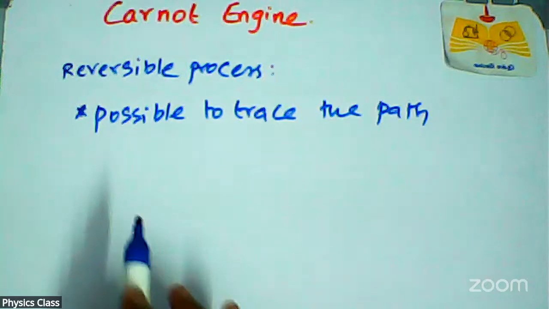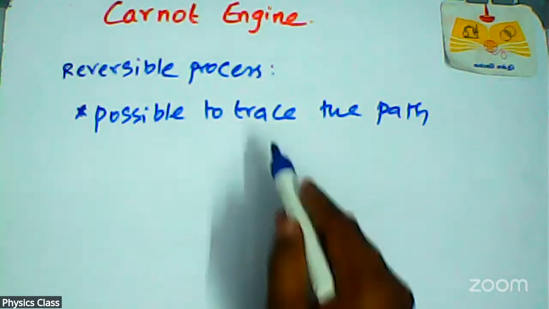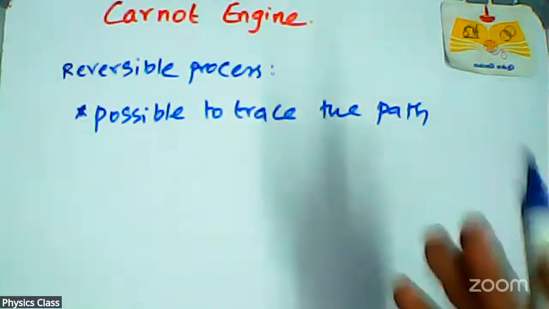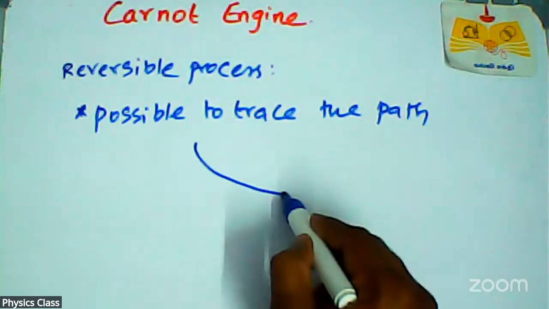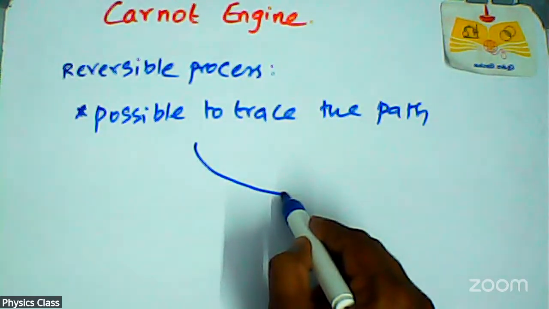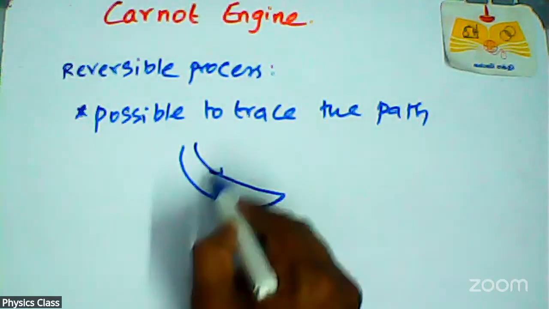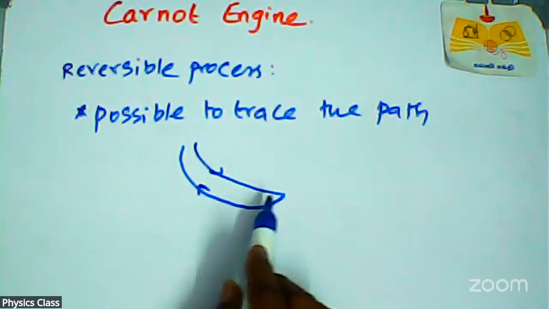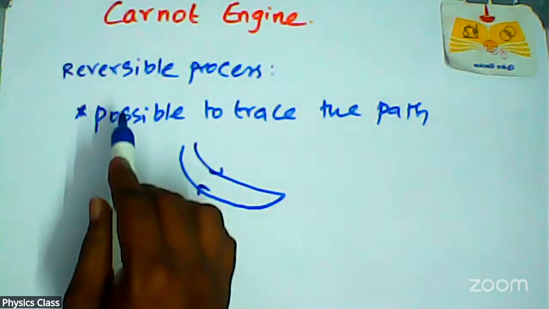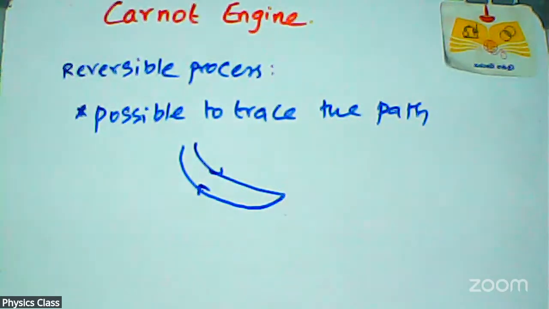So reversible process means the path can be retraced back in the opposite direction. Suppose one process goes like that, and the opposite process also can happen, in the opposite direction. The process that can be retraced back in the opposite direction is called a reversible process.